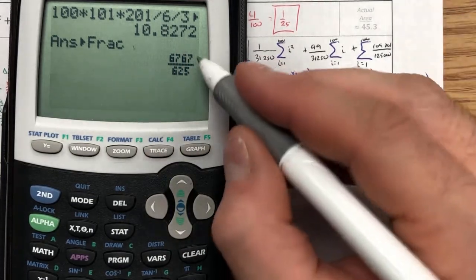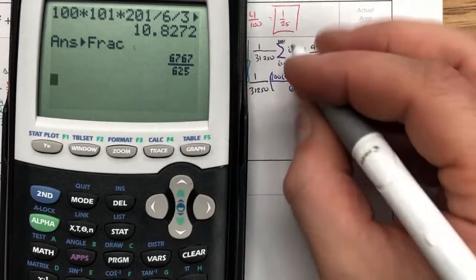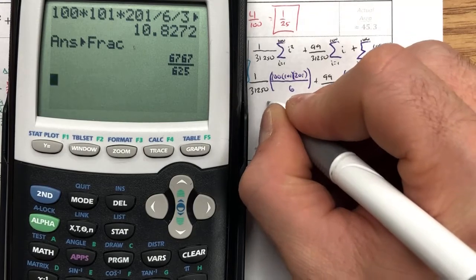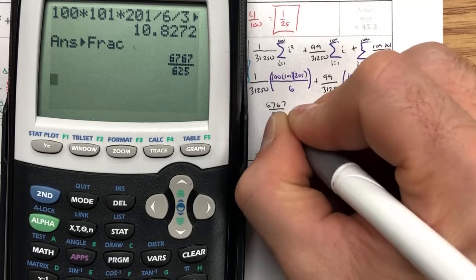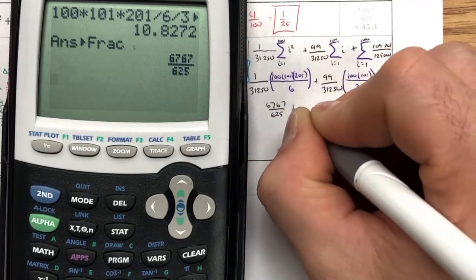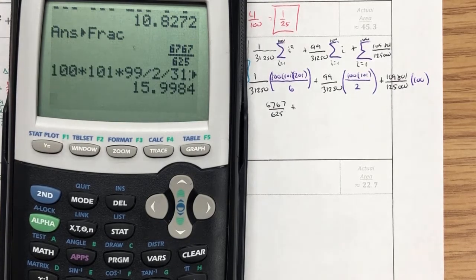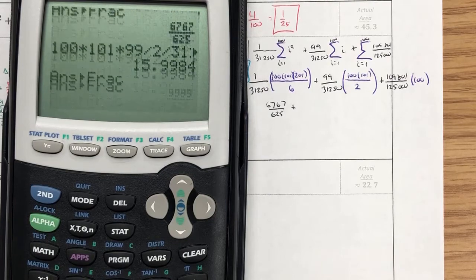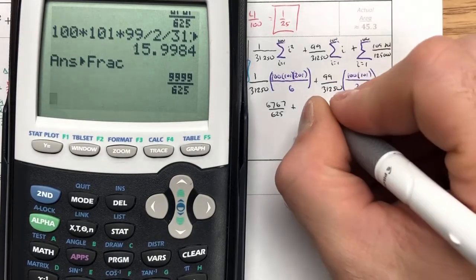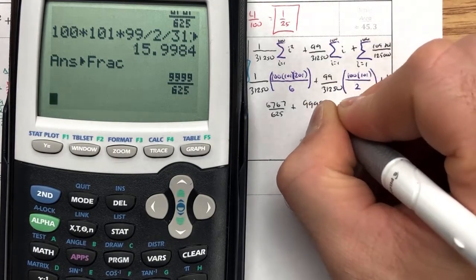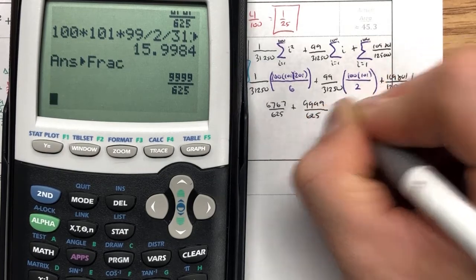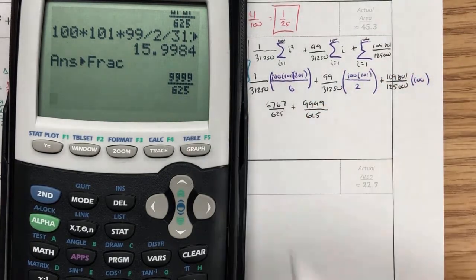That's a terminating fraction, but just in case they weren't terminating fractions, let's leave it as a fraction. And we are adding 100 times 101 times 99 divided by 2 divided by 31,250. Again, that does look like a terminating fraction. I don't know why that's a funny terminating fraction, but noted.